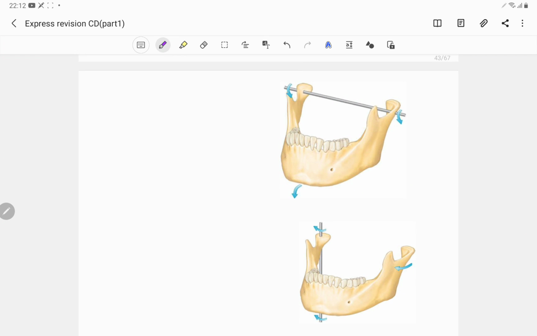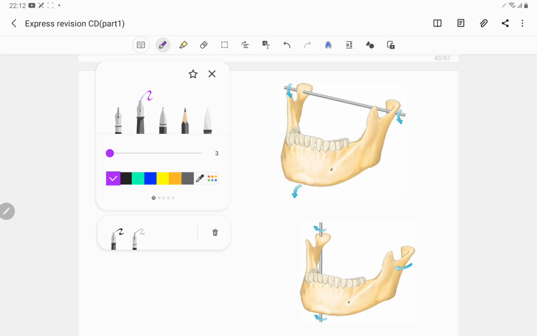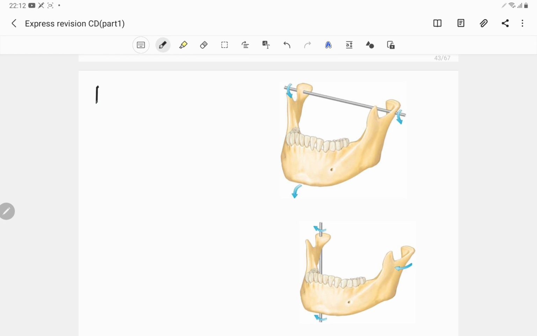So talking about the rotation movements. The first one in the picture is the horizontal axis, which passes through both the condyles. Suppose this is a pipe, and you are rotating this pipe.